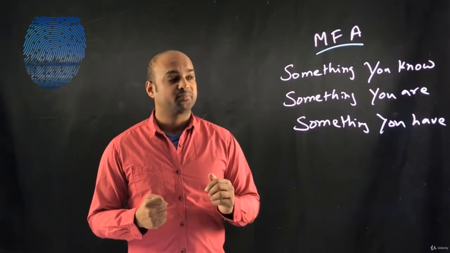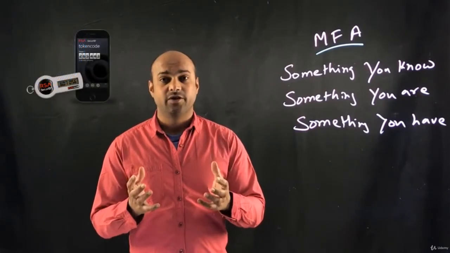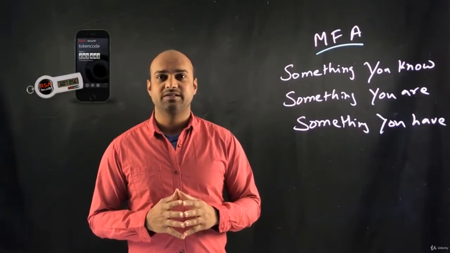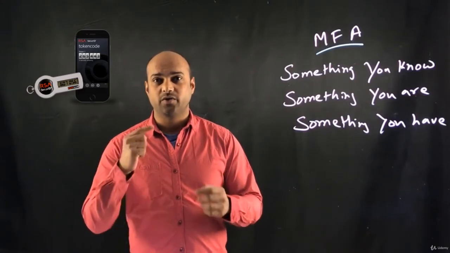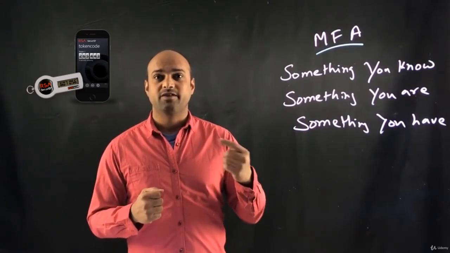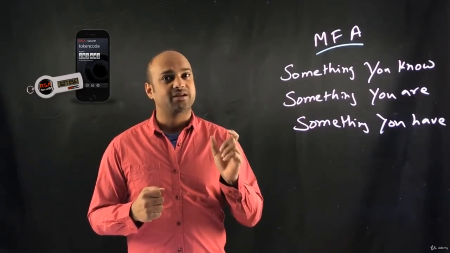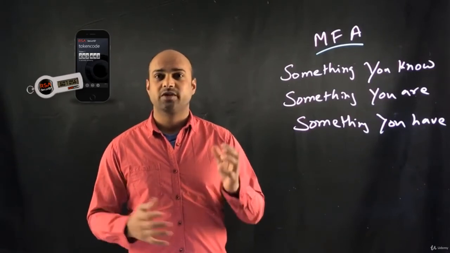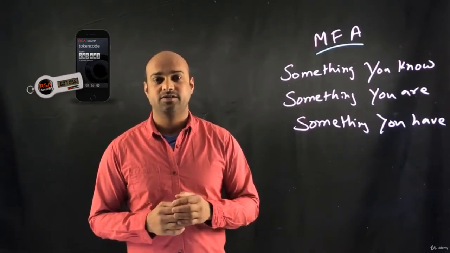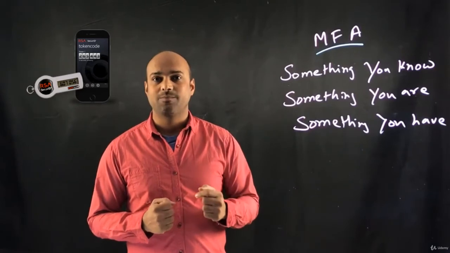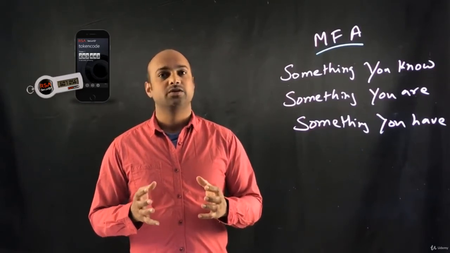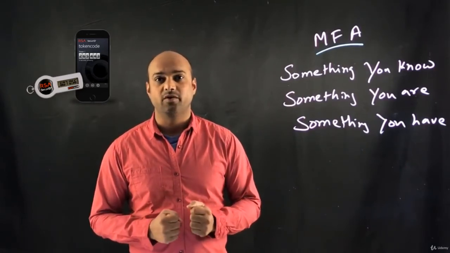The third one is something that you have. Traditionally, we used to use devices like RSA tokens, where you had the number ticking on it every 30 seconds, and you would use that number as a password. So there's an algorithm running behind the scenes. In today's world, to reduce the complexity, we've started using soft tokens which could be deployed on your phone.